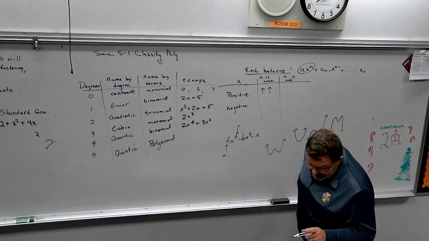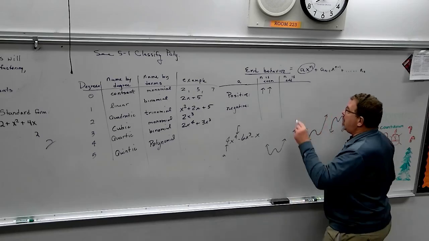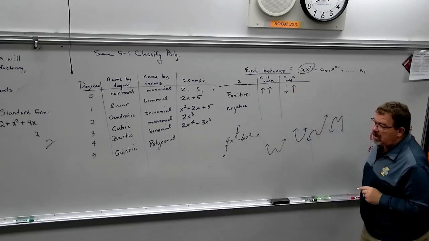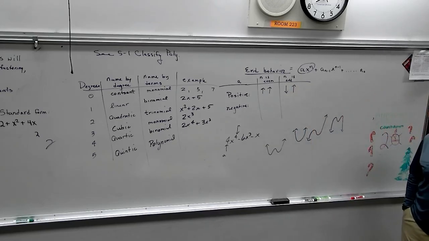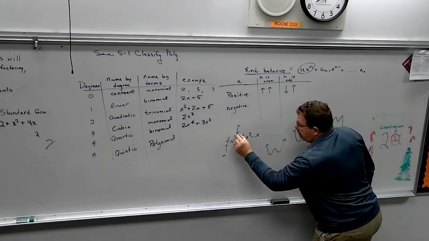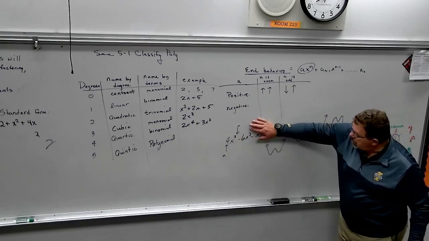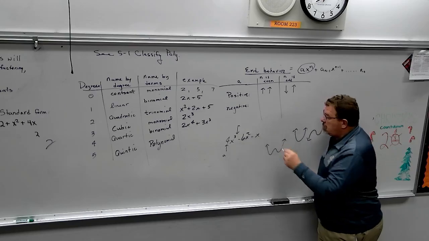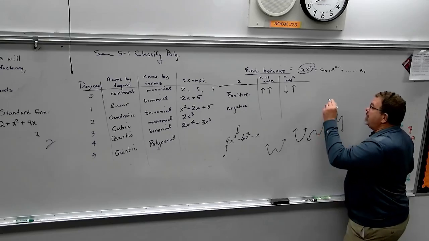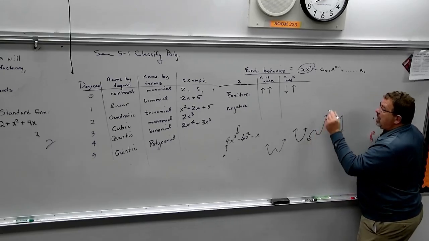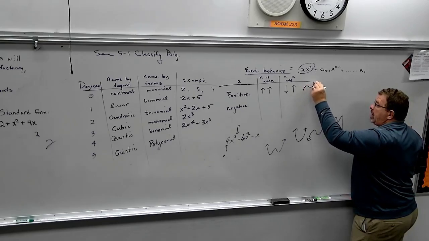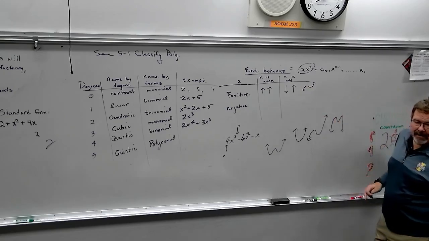Okay? If A is positive and N is odd, it goes down, up. Here's what I mean. If I change this to a 3, A is positive, N is odd. This graph is going to look something like this. It's going to go down and then come up like that.